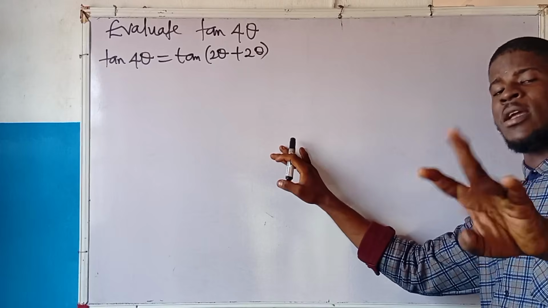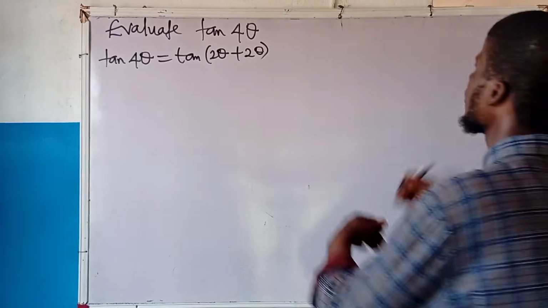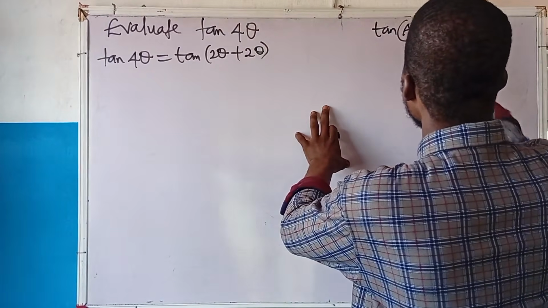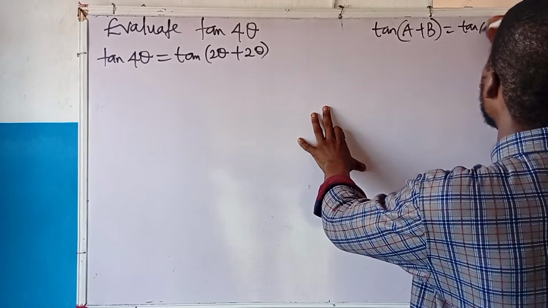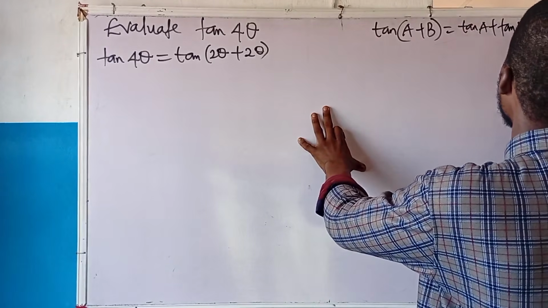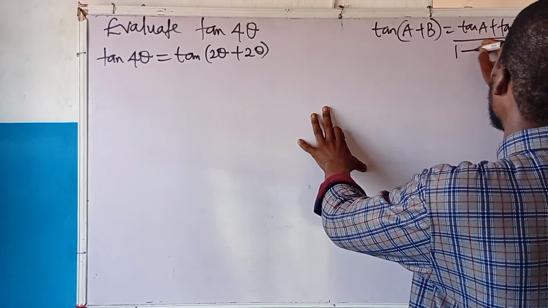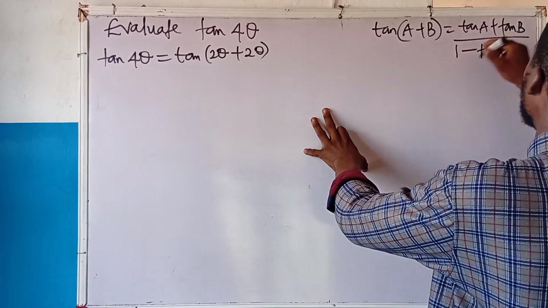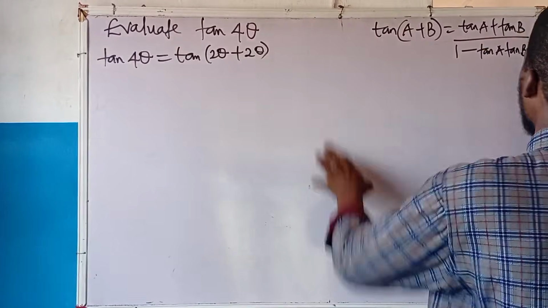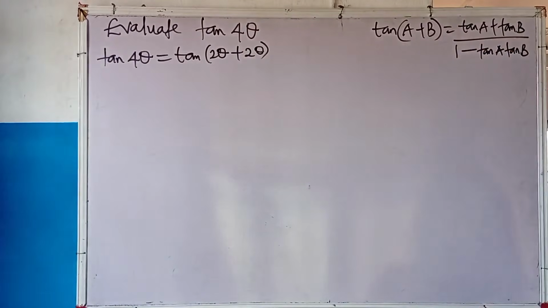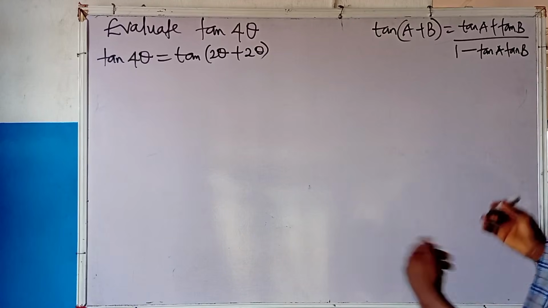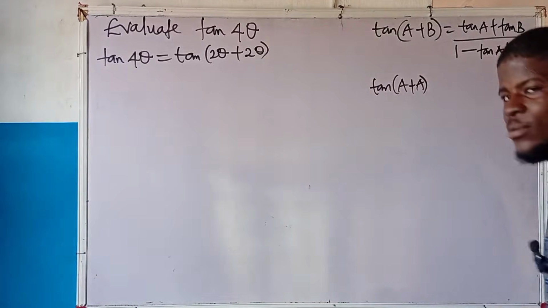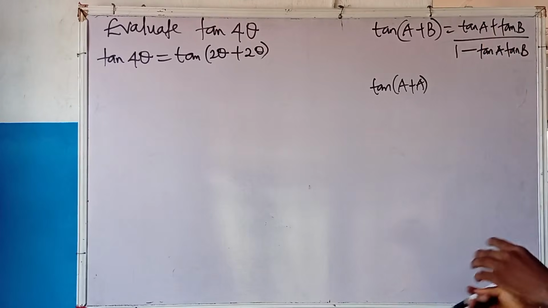In trigonometry, the tangent of A plus B is the tangent of A plus the tangent of B, divided by 1 minus the product of the tangents of A and B. That's 1 minus tan A tan B. So in the case where I have tan of A plus A, for example, what will this formula become?